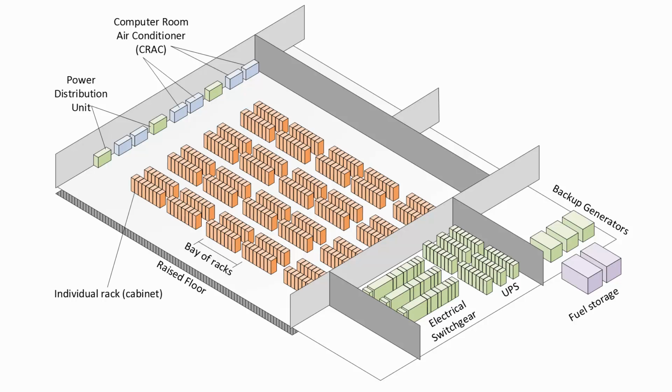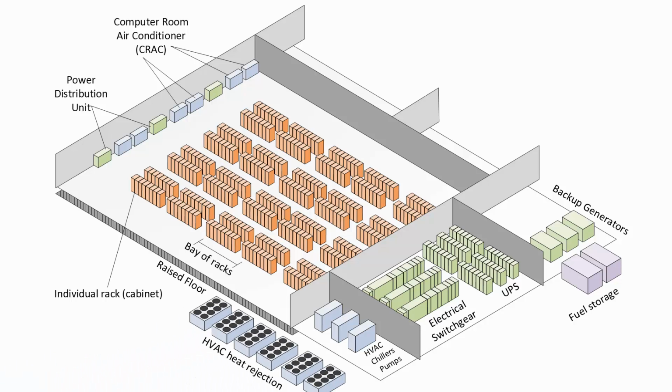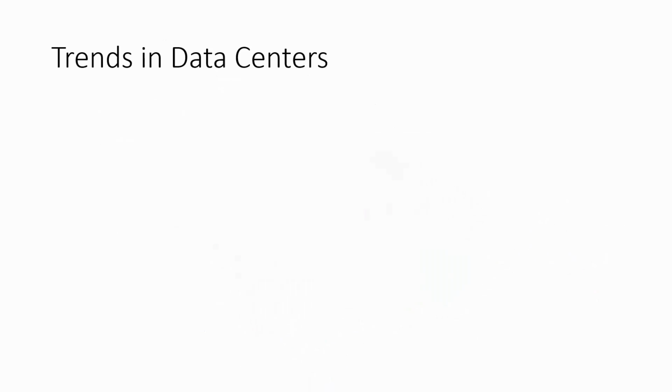Sometimes the cooling is done directly into the room, but more specialized systems will actually feed the air into the individual racks, either under the raised floor or through some other means. The CRACs are fed through heating, ventilation, and air conditioning chiller pumps. And there will be some sort of mechanism by which the heat generated from inside the data center is sent outside through a rejection mechanism, basically an exhaust for all of the heat that's generated inside the data center.